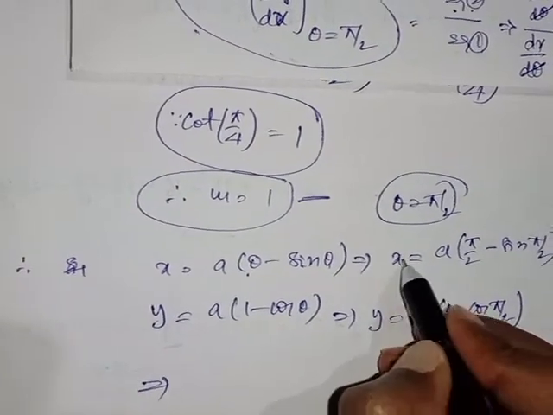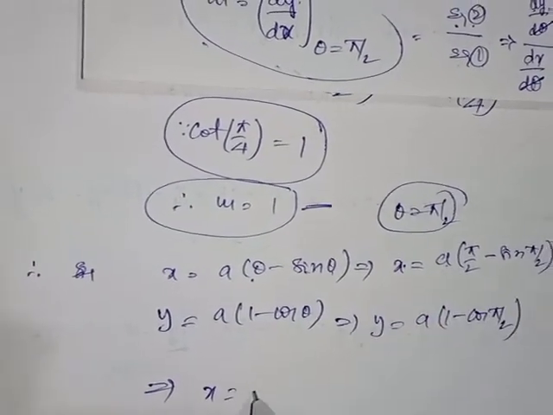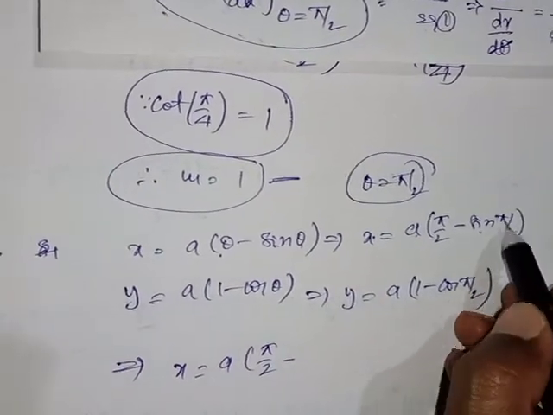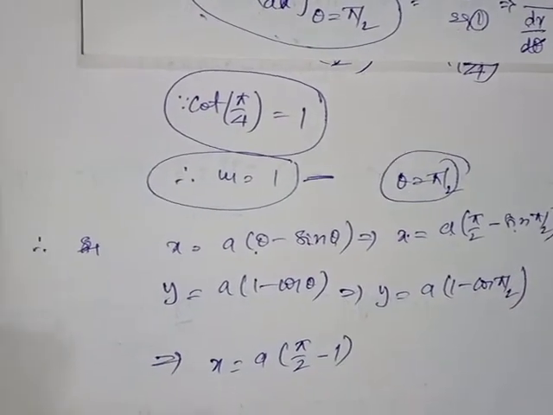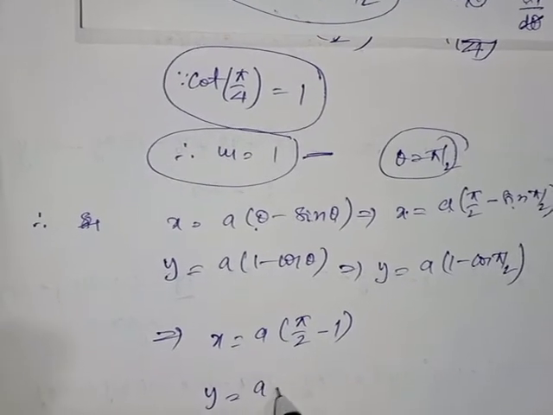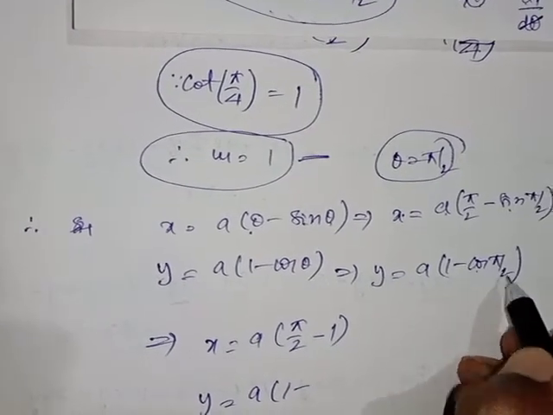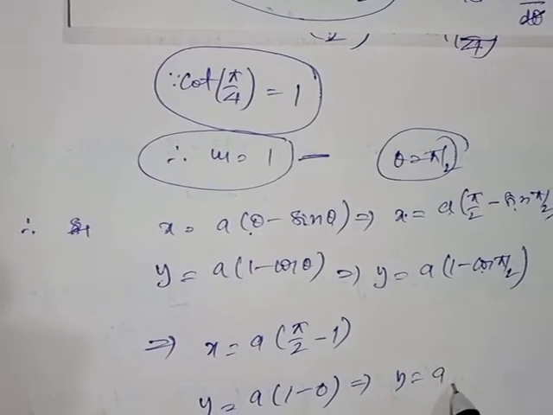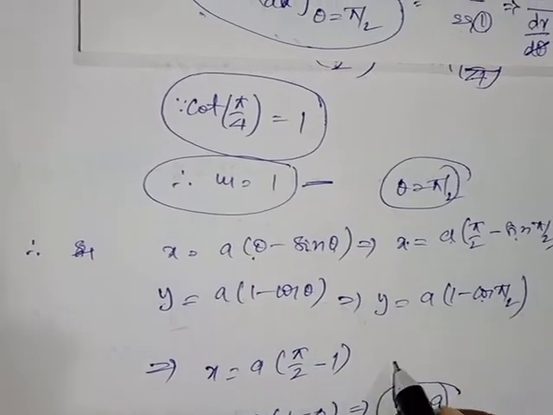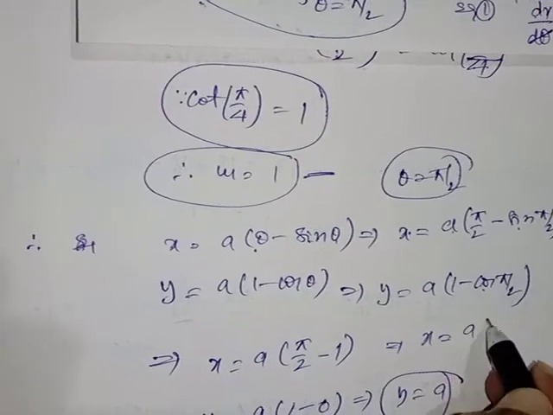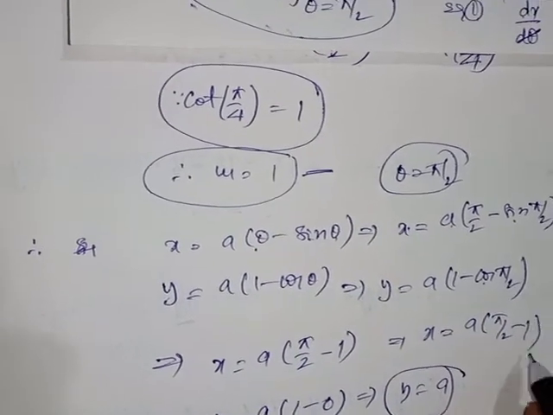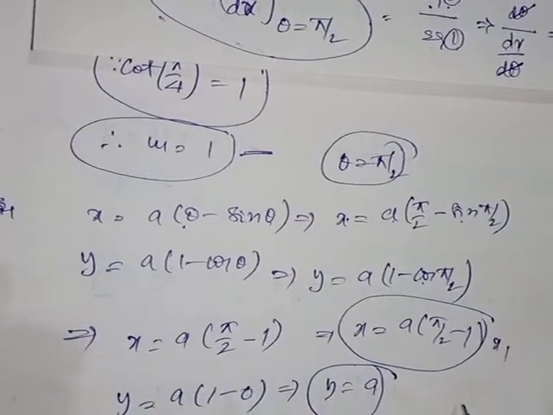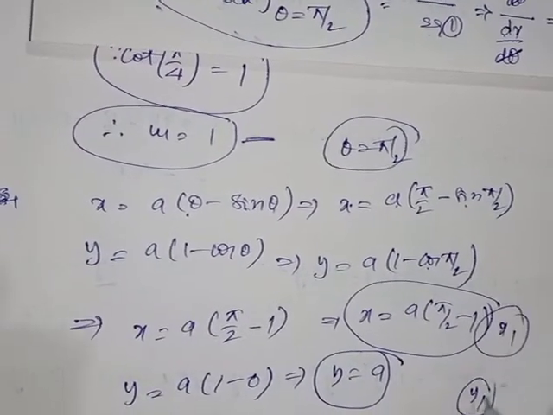Sin pi by 2 value is 1 and cos pi by 2 value is 0, so y is equal to a, and x is equal to a into pi by 2 minus 1. This is the x1 value, this is the y1 value.